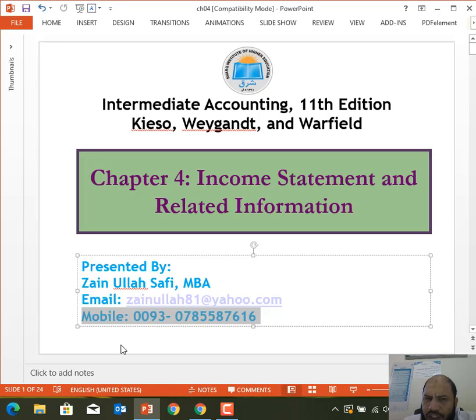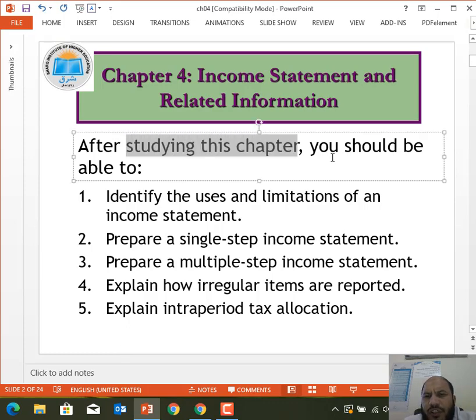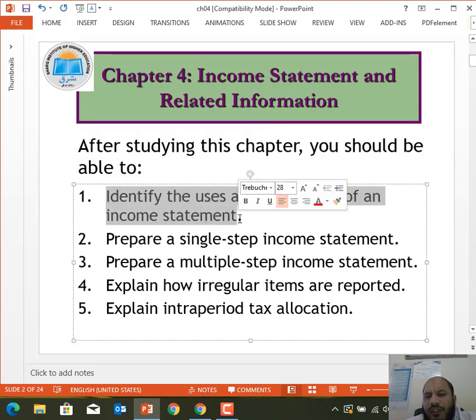So let's discuss the objectives of this chapter. Dear students, at the end of this chapter, you will be able to do the following activities for your organization. You will be able to identify the uses and limitations of the income statement.